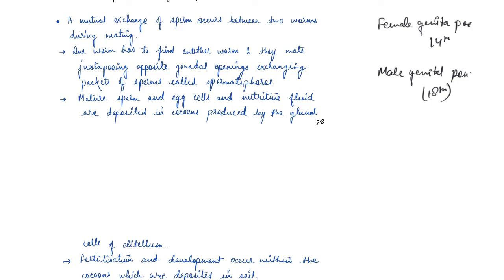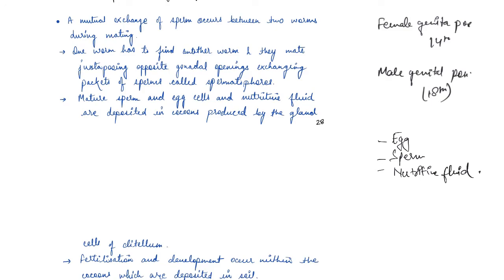Now, mature sperm and egg cells and the nutritive fluid: egg, sperm, and then to give them nutrition, you have nutritive fluid. All these three are deposited in cocoons.